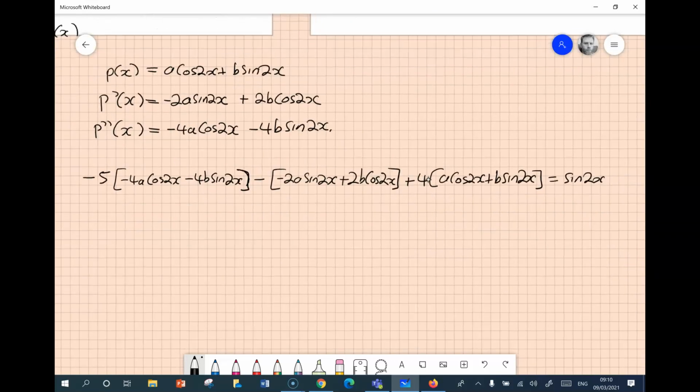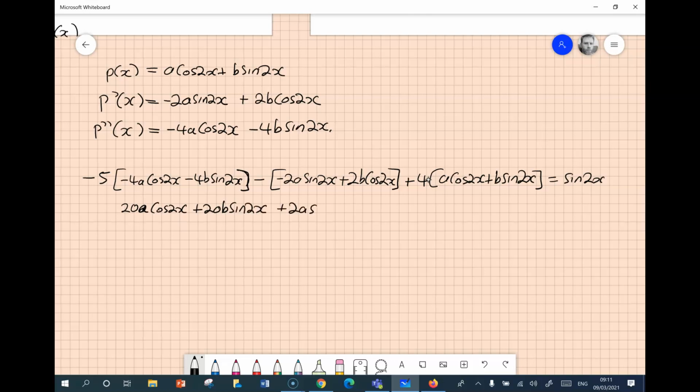Okay, so we'll multiply the brackets and we'll simplify. That'll give me 20a cos 2x plus 20b sine 2x plus 2a sine 2x minus 2b cos 2x plus 4a cos 2x. Oopsie daisy, I forgot my a. Plus 4a cos 2x plus 4b sine 2x equals sine 2x. Okay, so let's add together our like terms.